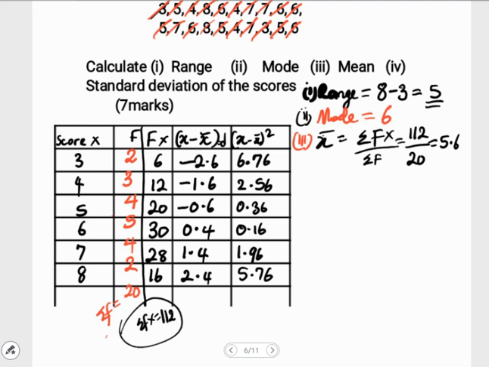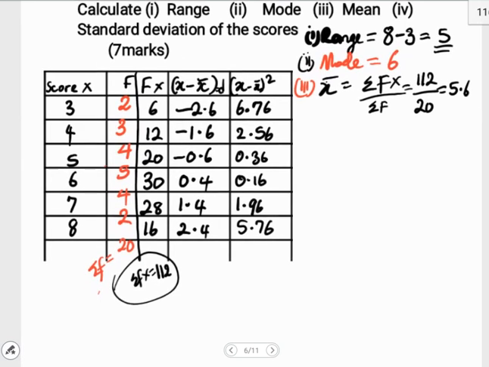And since we have all these as recurring data, we still need to multiply the frequency by the square of this deviation. So maybe writing the formula down will help us to remember all this.